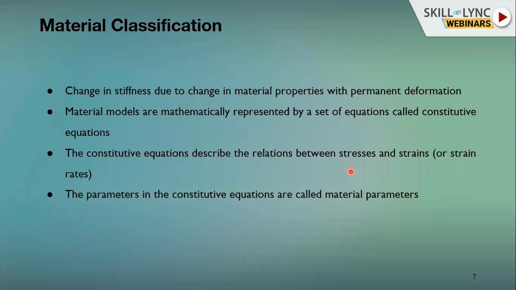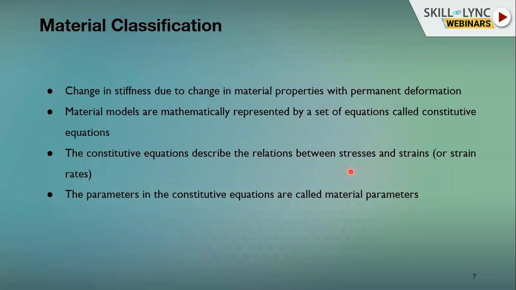The stiffness keeps changing because of this change in material properties, and definitely it is going to happen with the permanent deformation.